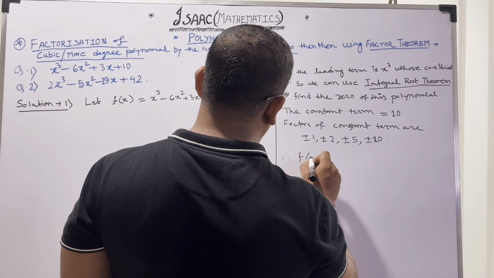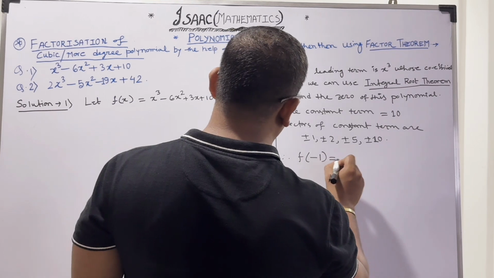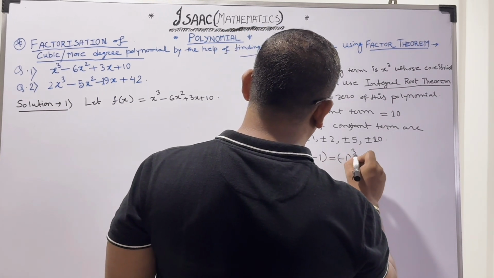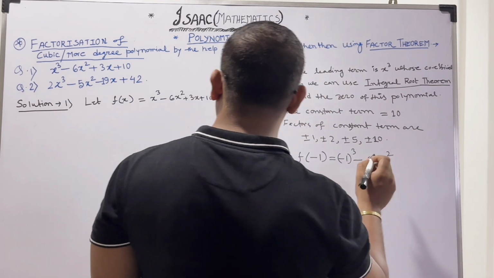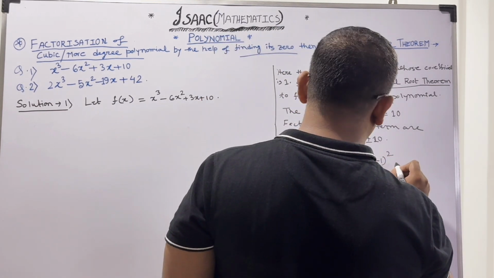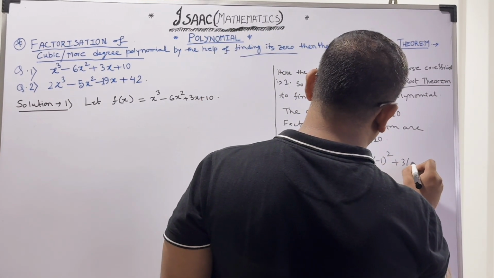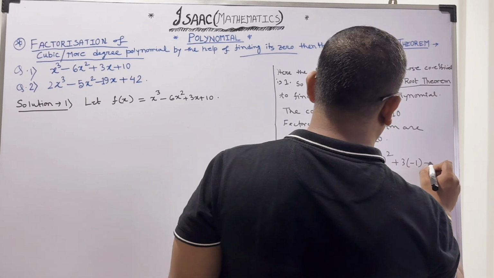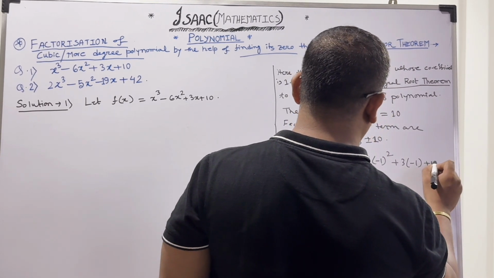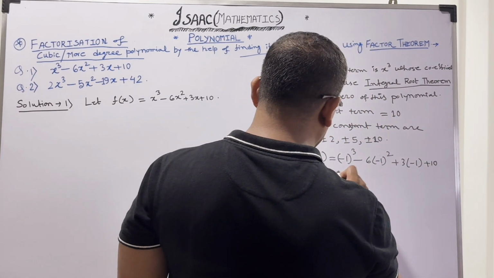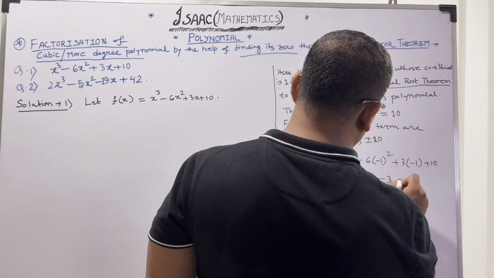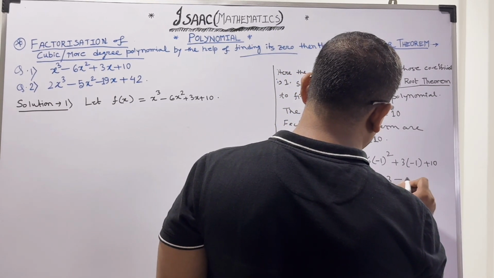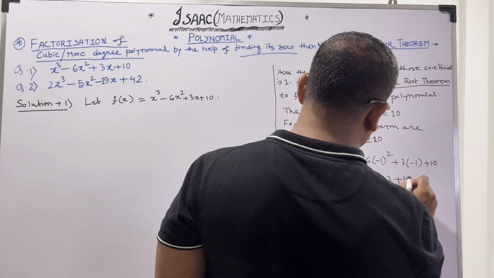f of minus 1 equals minus 1 whole cube minus 6 into minus 1 whole square plus 3 into minus 1 plus 10, which equals minus 1 minus 6 into plus 1 plus minus 3 plus 10.